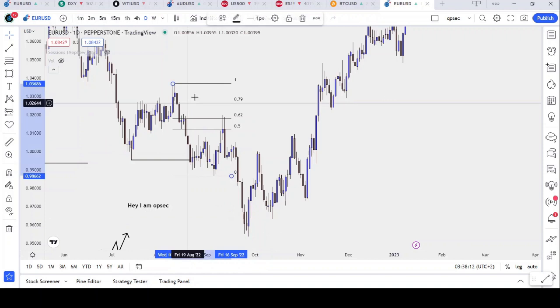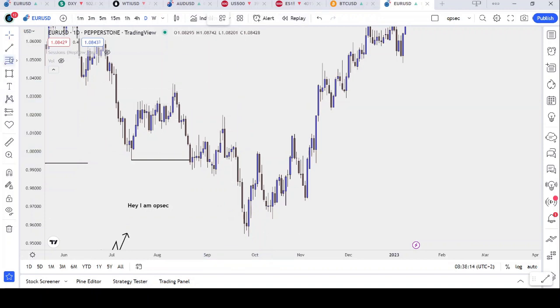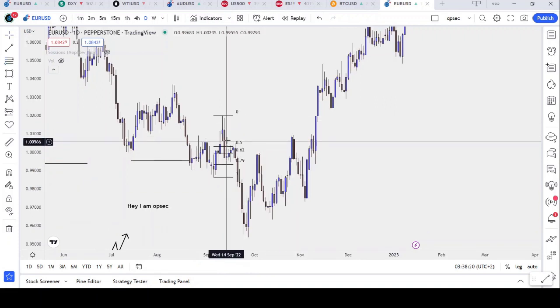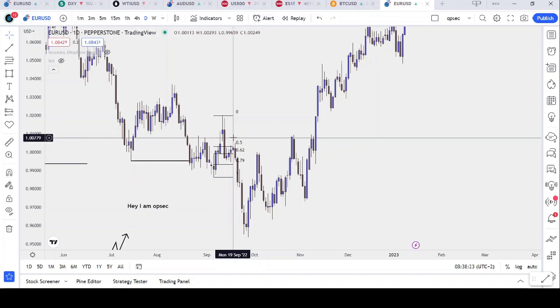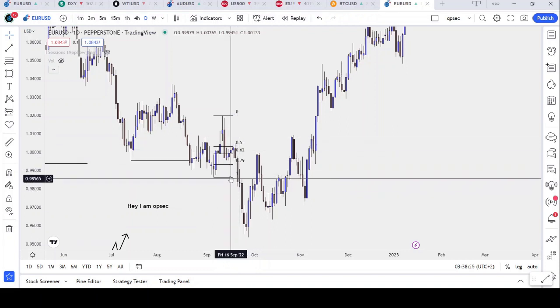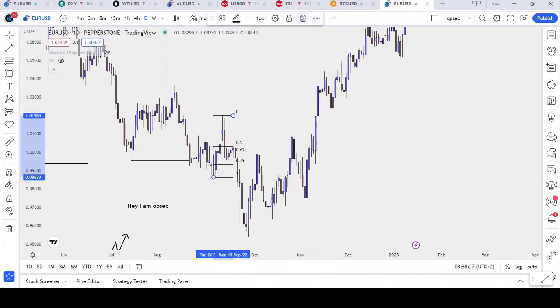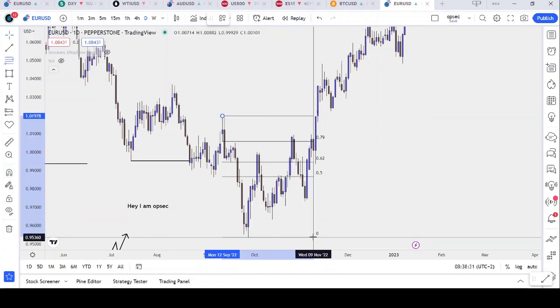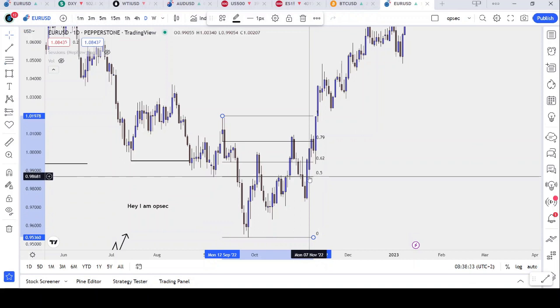And then for discount, you want to look at a discount of a bullish move, like this. This would be the discount of a bullish move, and we bust through it in this case. And then the premium of another bearish move, which would be like this. Here's the premium.